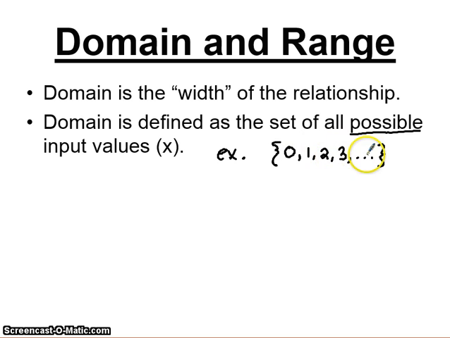That is defining the set of all possible input values. The only possible candles that you can buy are from 0 and up. You cannot buy negative candles. You can't buy half candles. You can only buy the whole number set.